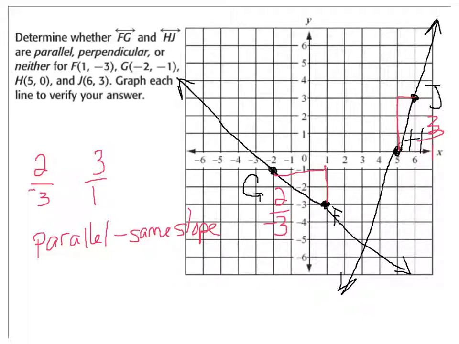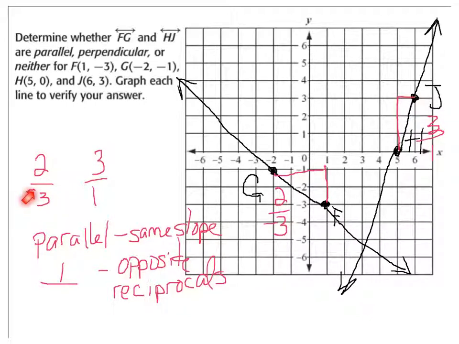Perpendicular lines, the upside down T is the symbol for perpendicular, have slopes that are opposite reciprocals. Now, opposite reciprocals simply means opposite. One's negative, one's positive. So right now I'm looking at my two fractions, negative 2/3 and 3 over 1.